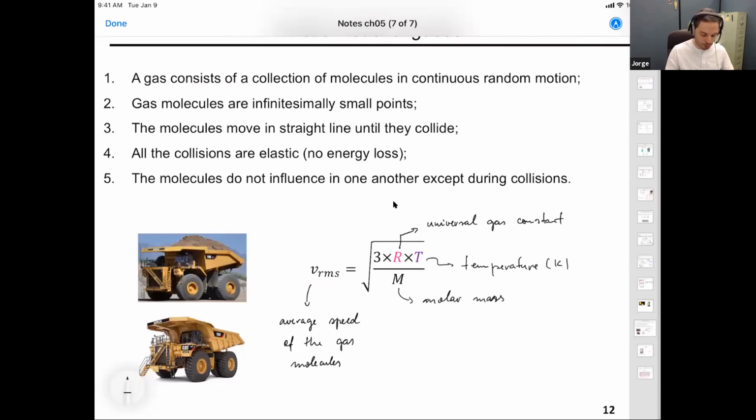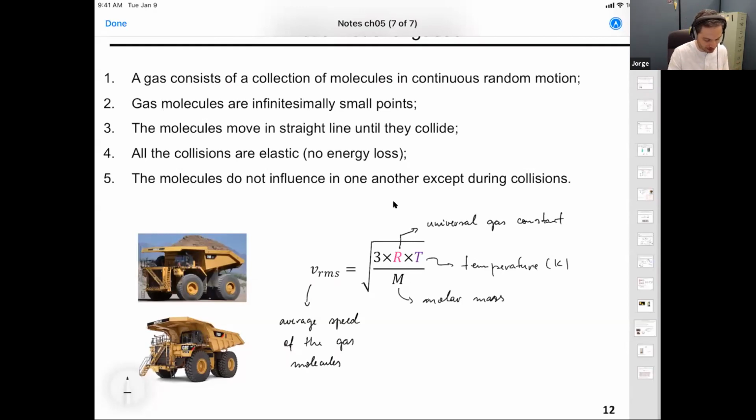What I want you to correlate here is the effect of temperature in the speed and also the effect of molar mass in the speed. Let's start with molar mass. If we increase the molar mass of the gas, that translates in a heavier gas. If the gas is heavier, the direct consequence in the speed is a decrease in the speed of the gas.